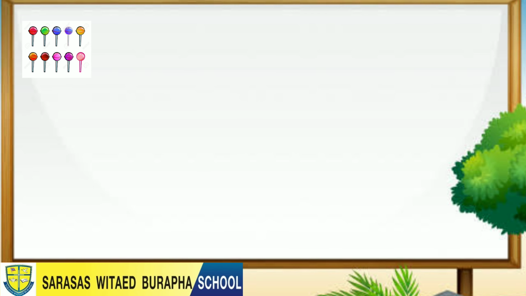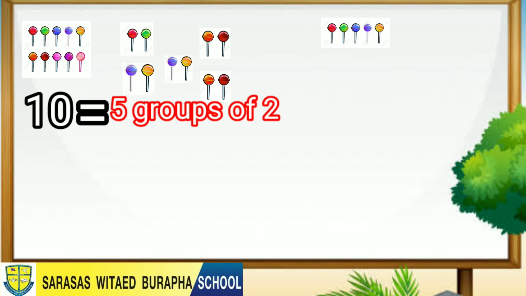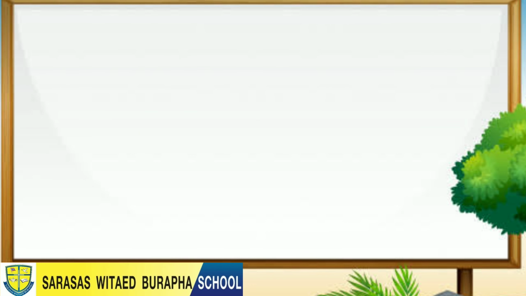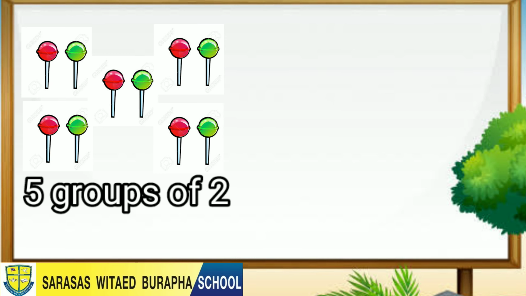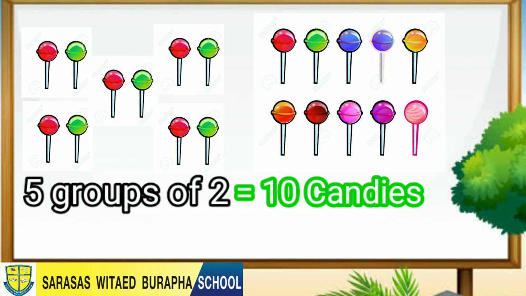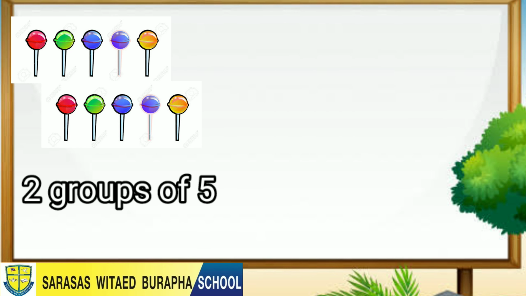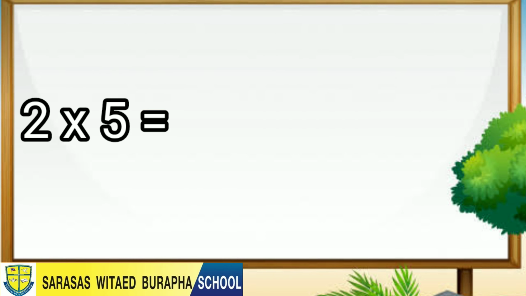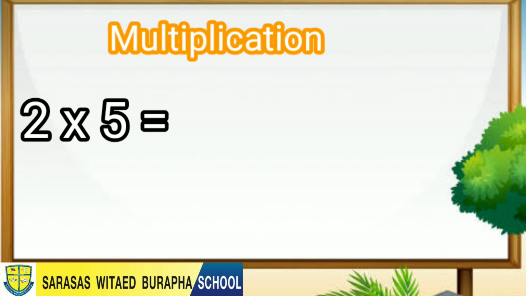Now, for example, you have 10 candies, equals 5 groups of 2 or 2 groups of 5. Now, 5 groups of 2 is equal to what? Equals 10 candies. And 2 groups of 5 is equal to 10 candies as well. But this time, you can write this as 2 times 5 candies or groups.